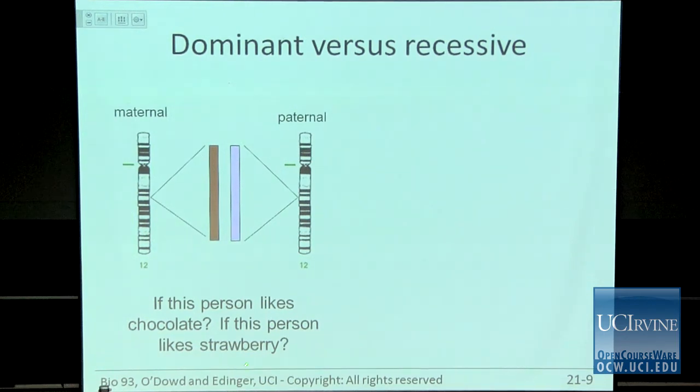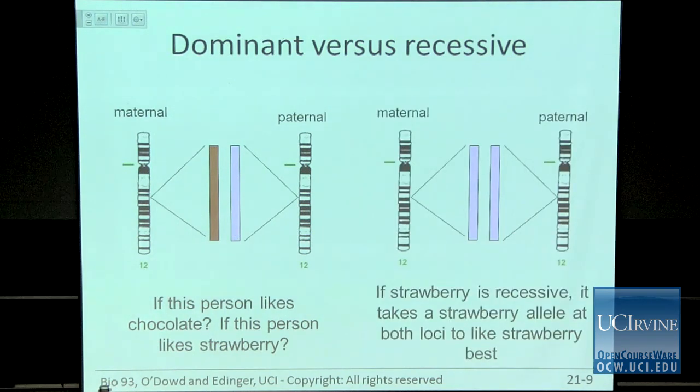If they like strawberry ice cream, then strawberry is the dominant allele. So the phenotype of the heterozygote tells you which is dominant. If strawberry is recessive, then it will take 2 copies of the strawberry allele for somebody to like strawberry ice cream.